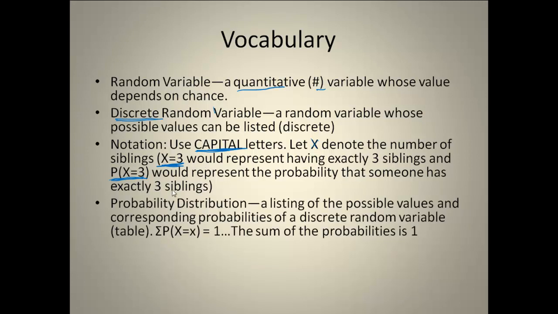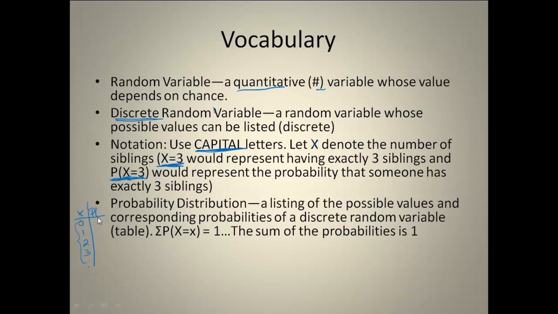A probability distribution is a list of your possible values for your discrete random variable and their corresponding probabilities. Normally it's going to be in a table. In the left column you'll have a lowercase x, in this case, since I decided my random variable was x, and that would represent having 0 siblings, 1 sibling, 2 siblings, 3, and so on. So these are the specific values that our discrete random variable can take.